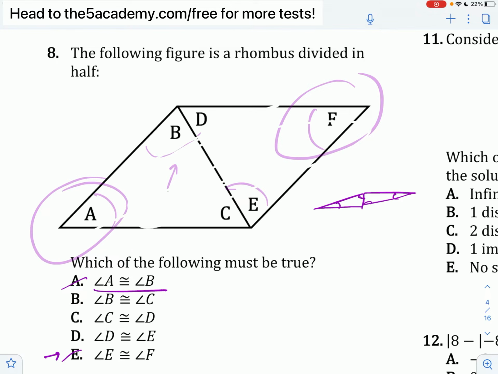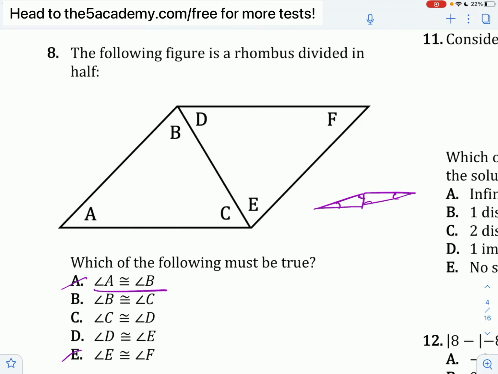Now, what is answer option B saying? Answer option B says angle B is equal to angle C. So if we come back to this example right here, this very extreme example, let me make it a bit neater so we can see a bit better. So let's make it very steep. There we go.